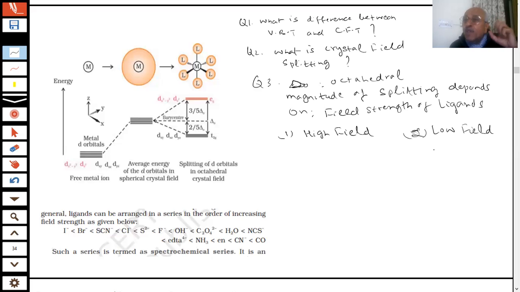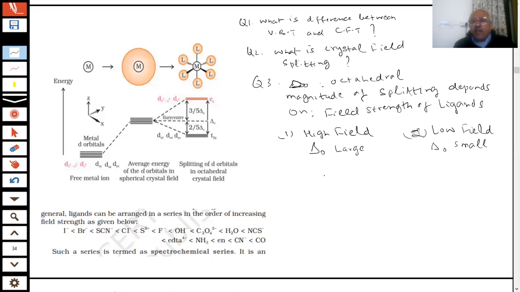Experimentally, spectroscopically, we have studied which ligands are giving high field and which ligands are giving low field. And therefore, students, if the field of the ligand is high, the splitting energy will be more. So high field means delta O large, and low field means delta O small.